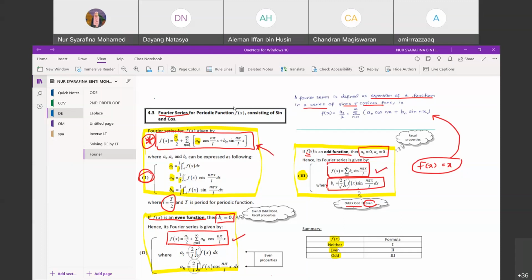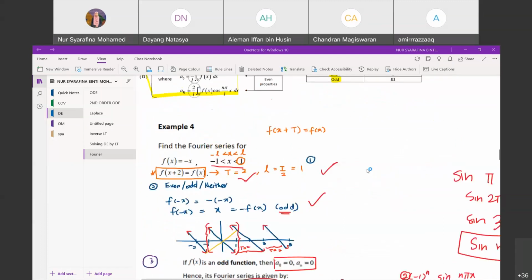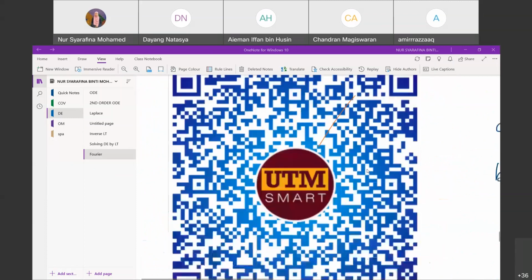When your function is neither even nor odd, you have to consider all a0, an, and bn, which have values. So you need to find a0, an, and bn one by one. According to the first formula here, you have to find your a0, an, and bn for this example.